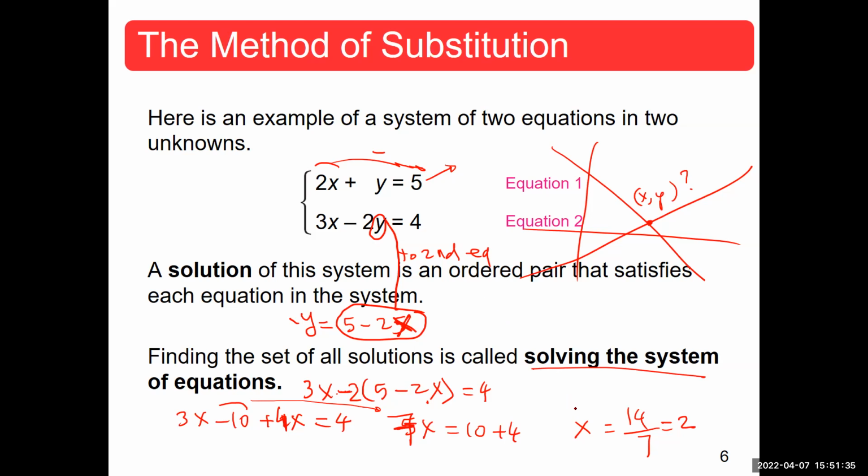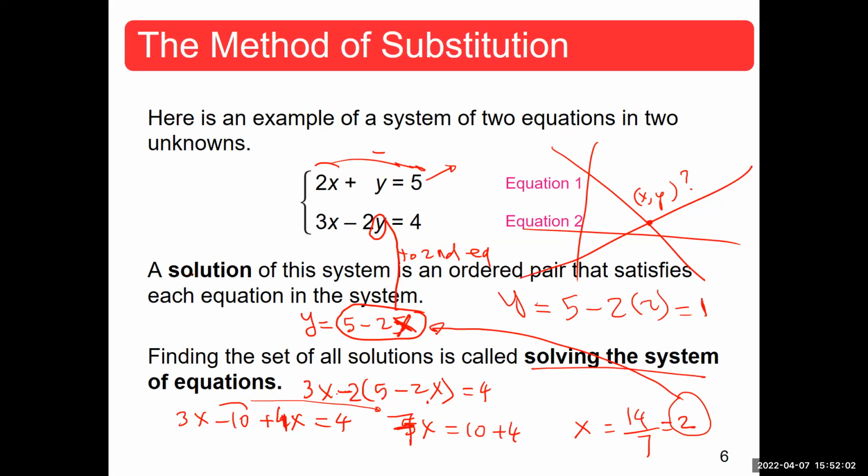To find the y value, I'm going to take x equal 2 and plug it into here. Then we get y equal, there's no negative in here, y equal 5 minus 2 multiplied by 2. That's going to be 1.